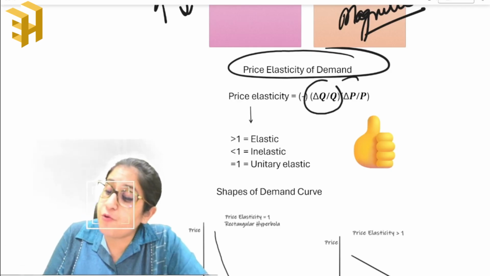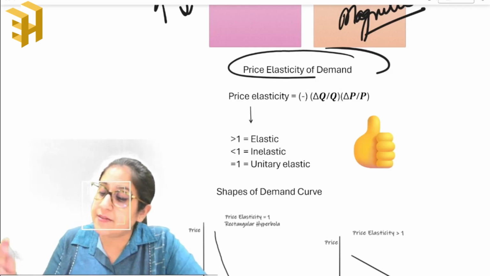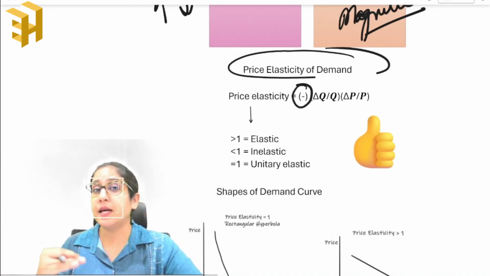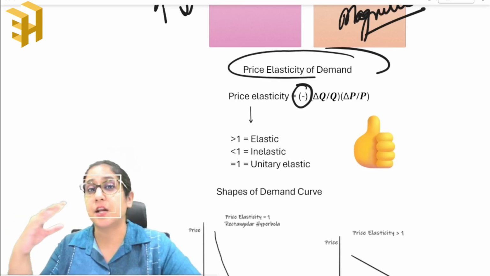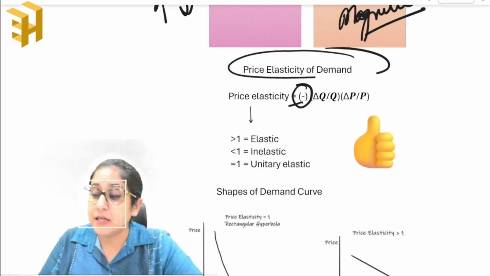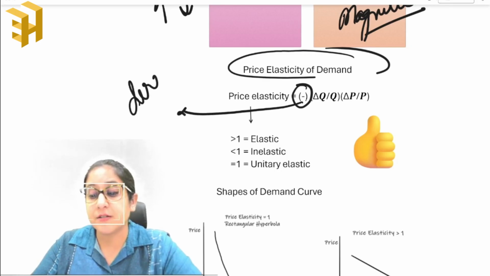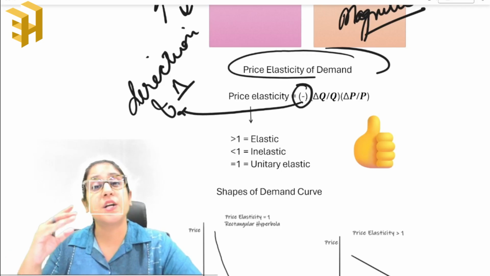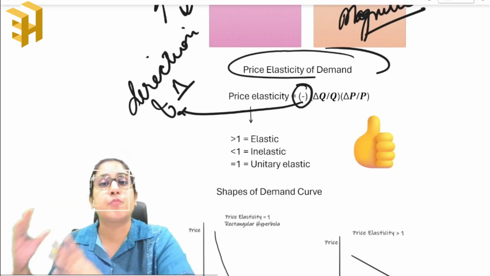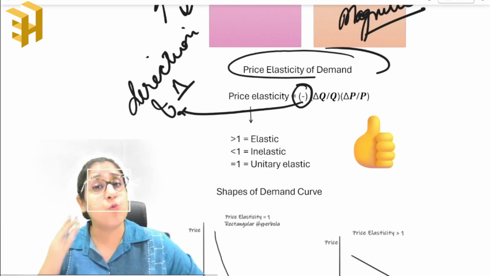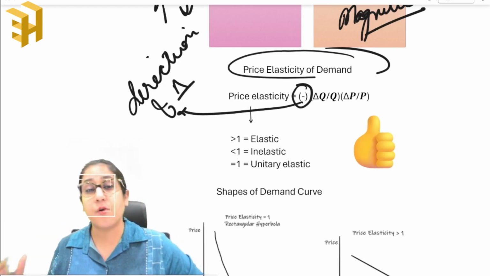Now before we move forward, you can see this negative sign here. It will not make the price elasticity negative or positive, but this negative sign tells you the direction of change, in the sense of what the relationship is between price and quantity demanded, whether there is an inverse relationship or a positive relationship.